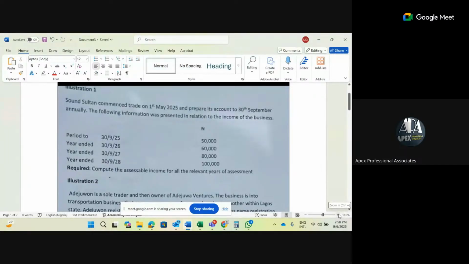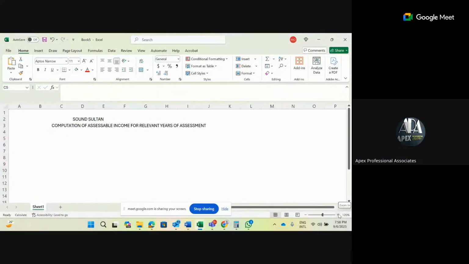It commenced business 1st of May 2025, with accounts to 30th of September annually. So I'm going to have a column for YOA, year of assessment. Then another column for my basis period.